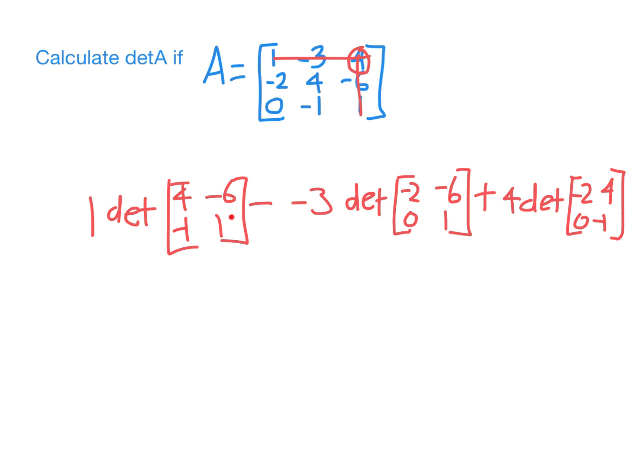So determinant of this matrix, AD minus BC, 4 subtract 6, that gives us -2. Over here, 2 times -1 minus 0, I get +3 times -2, so I get -6. And over here, -2 times -1 is +2 minus 0, so the last bit here is 4 times 2.